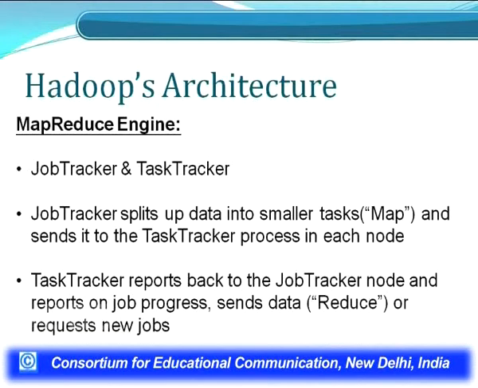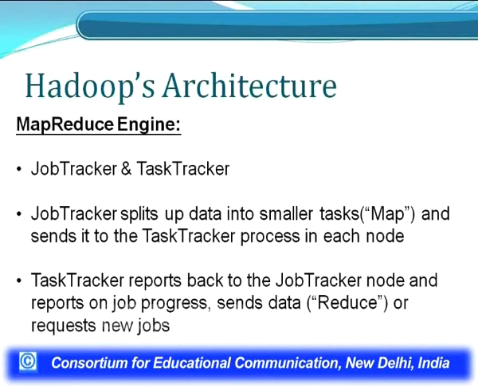Again, I am underlining that the job tracker splits up the data into smaller tasks, which we call maps, and sends them to the different task tracker processes in each node.